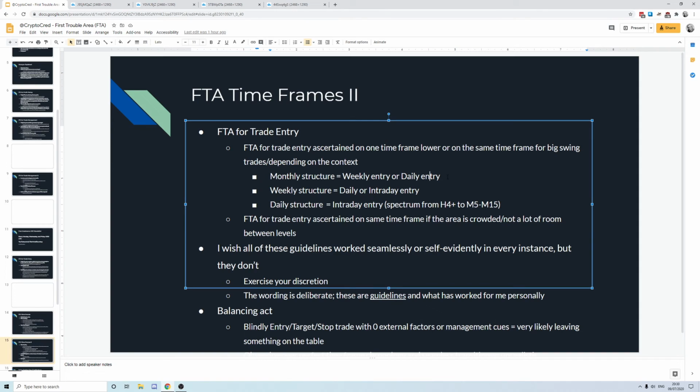Let me just make that very clear, both for myself, but also for those reading the slides. Daily break of FTA. Okay, that's what we mean, because entry, using that term, can get a bit ambiguous. Or intraday, break of FTA. My fingers are fat.